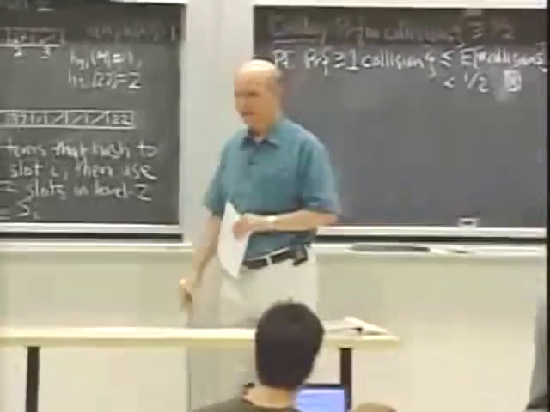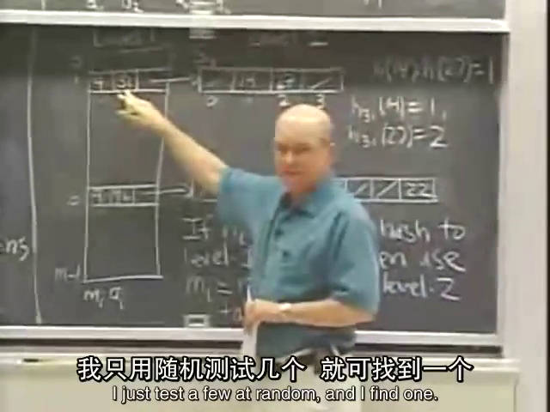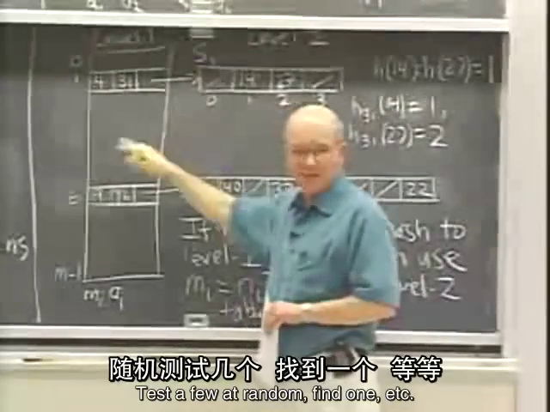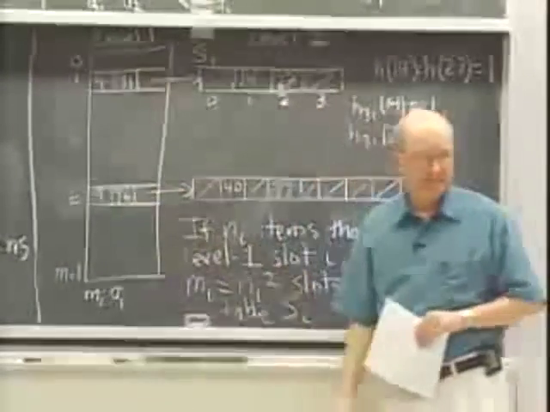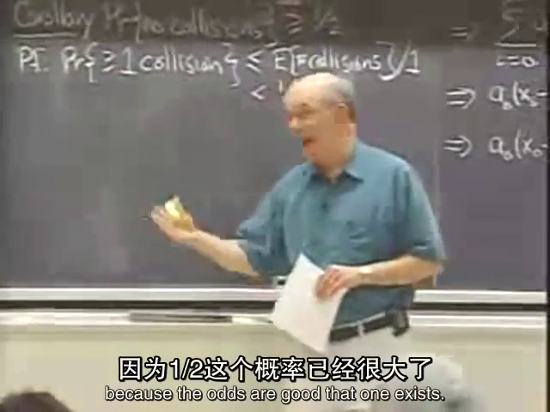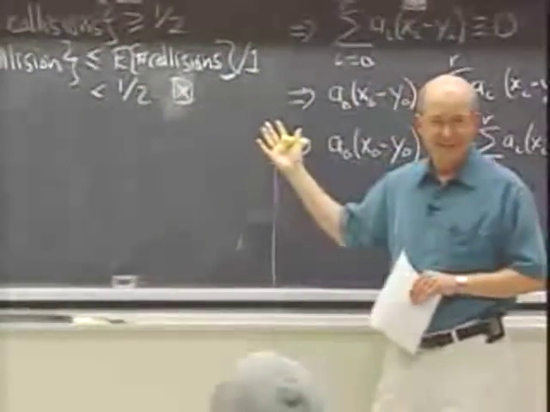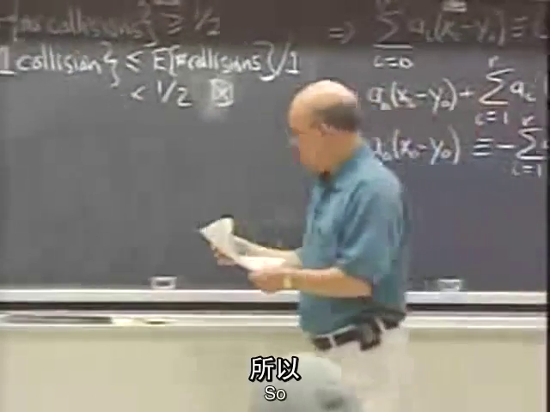Okay? So I'm going to be able to find, for each one of these, I just test a few at random, and I find one. Test a few at random, find one, etc. Fill in my table there. Okay? Because all that is pre-computation. And I'm going to find them because the odds are good that one exists.